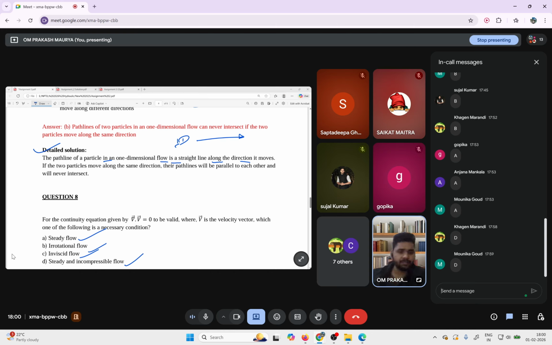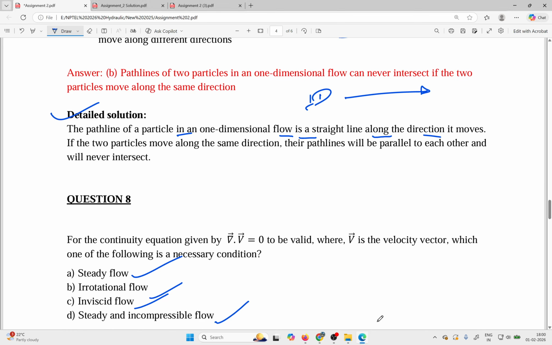Okay, I'll take it. It is a very simple concept of the del operator. It is a notation combining del by del x i plus del by del y j plus del by del z k. This is your del operator.